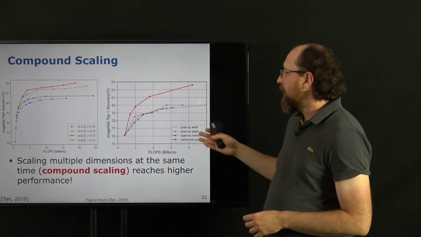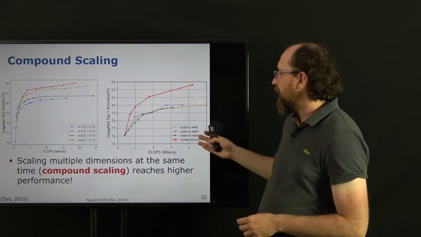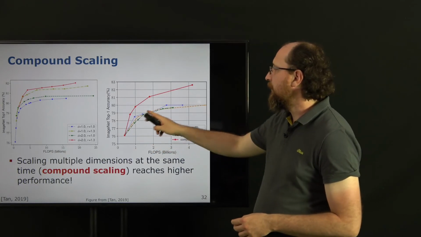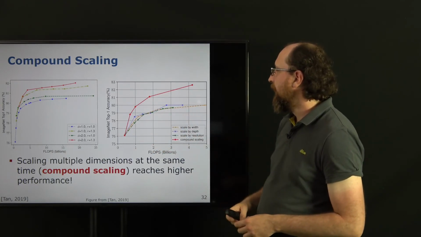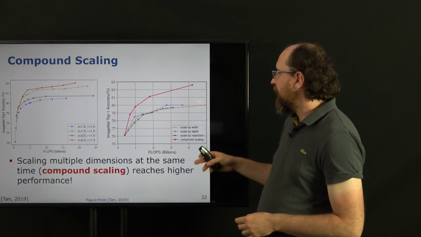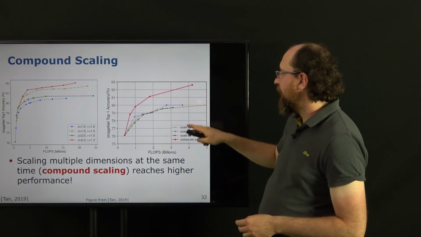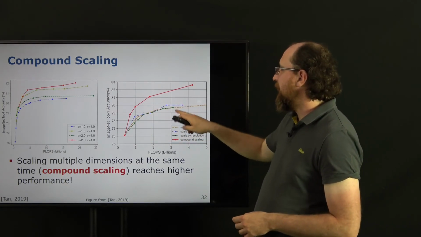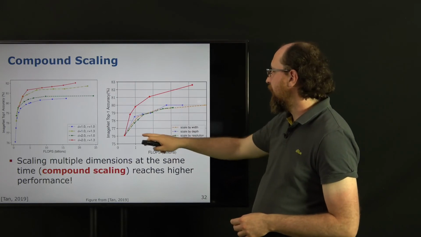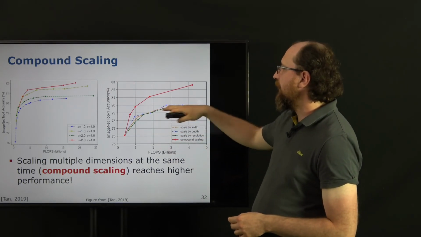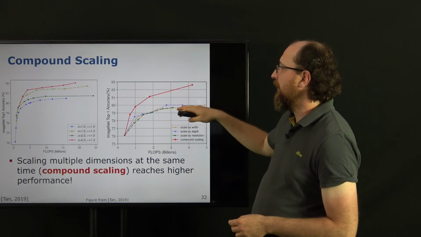And then here on the right is the plot shown for the individual ways of scaling it, like in yellow scaling it by the width, with blue the scaling by the depth, and with green the scaling by the resolution. Then we can see that it levels off around 80%.